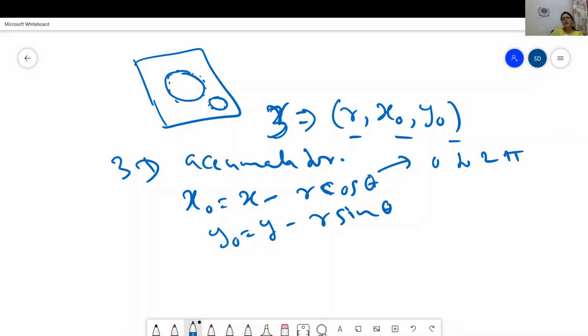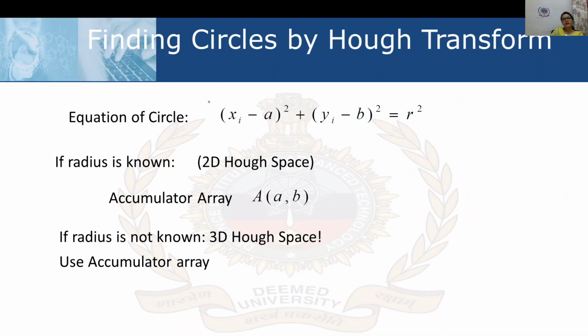You calculate all three values in the 3D space, and wherever you get maxima, that is the actual point from where you can draw the circle. So this is how finding the circle works.